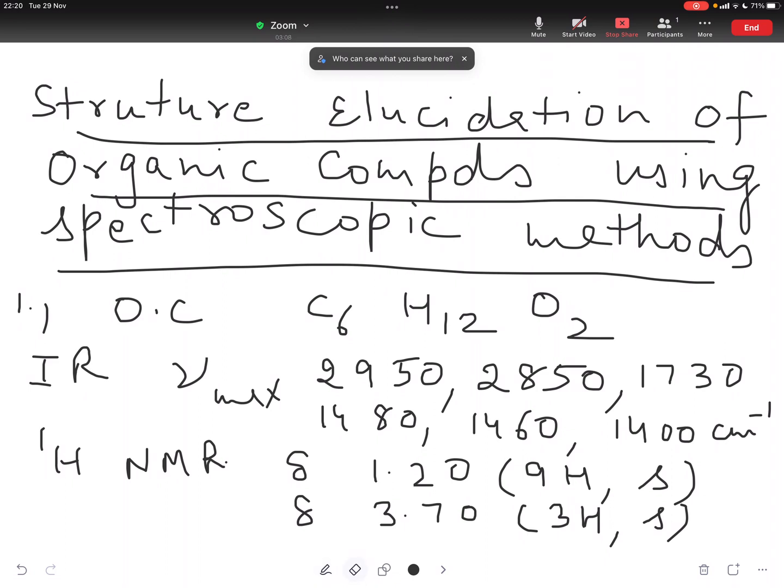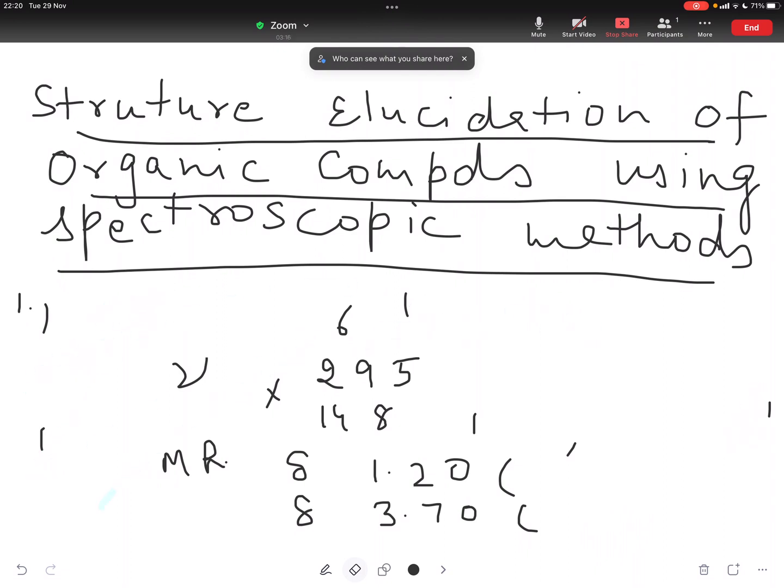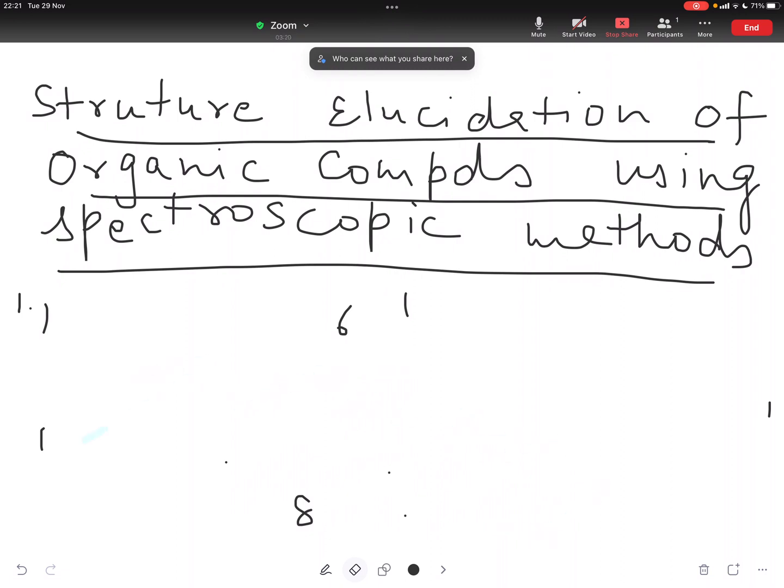We can calculate DBE, double bond equivalence. We know the formula.